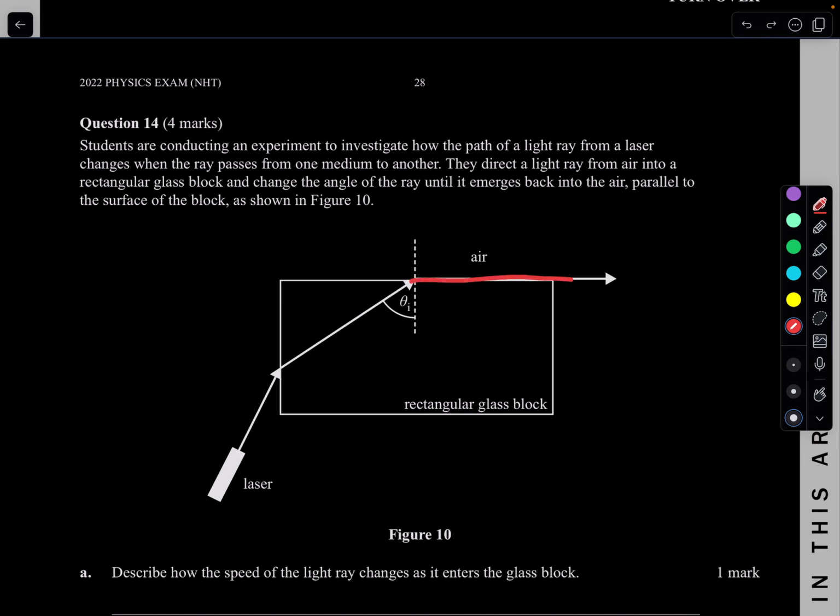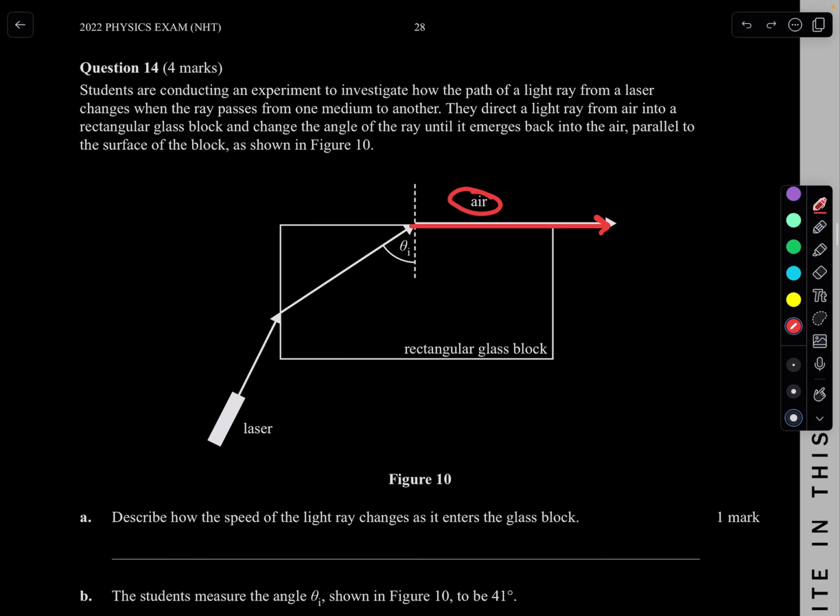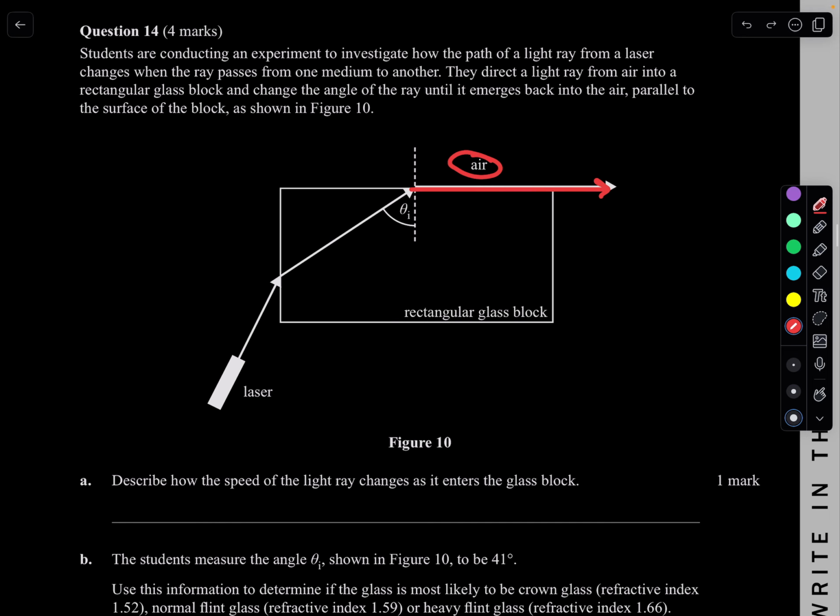Your ray is at the interface between the air and the glass block, so basically that's our critical angle. Describe how the speed of the light ray changes as it enters the glass block.